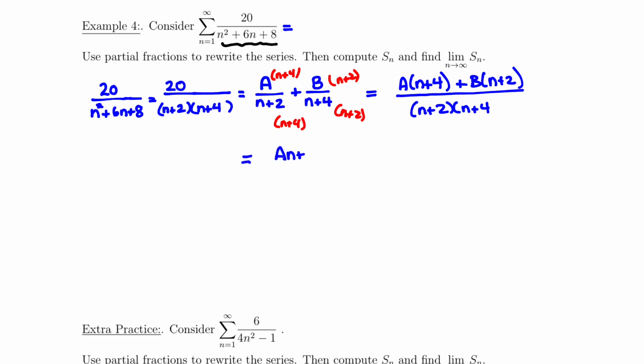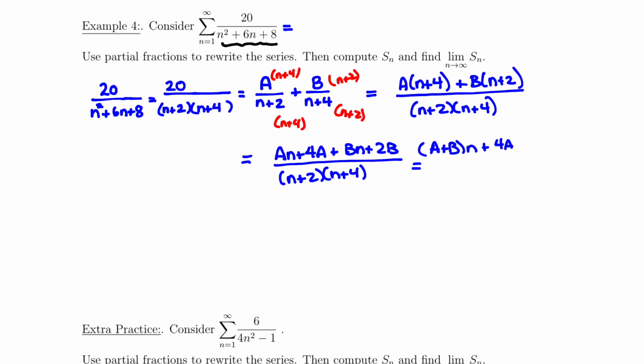But when we introduced it, I think we put our n terms together, and then we put our other terms together, and then we set up our system of equations.